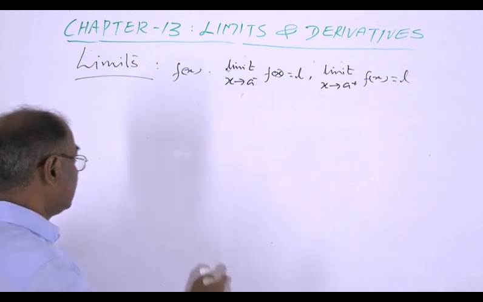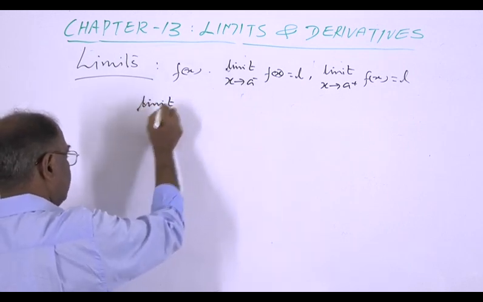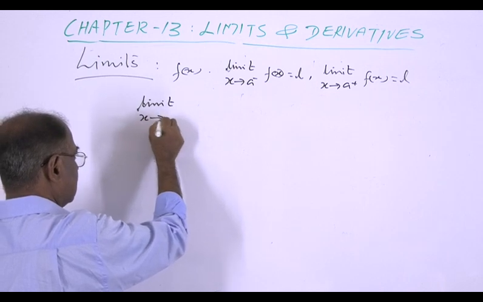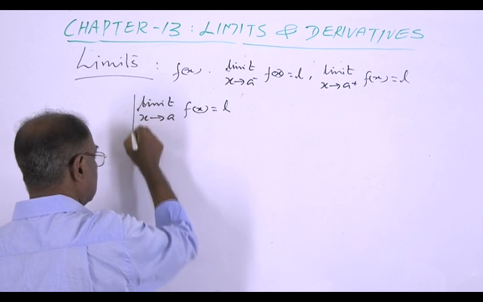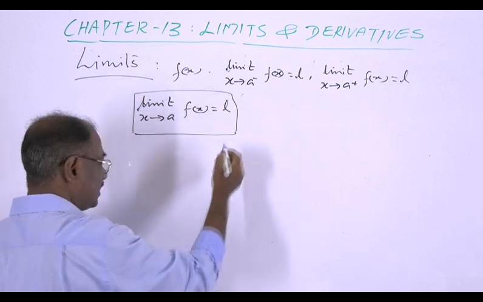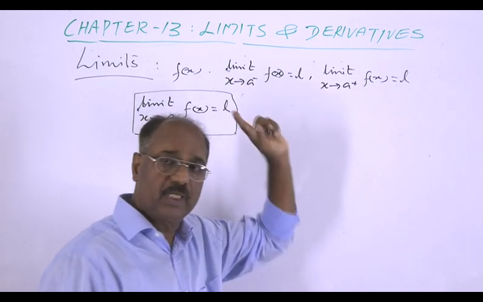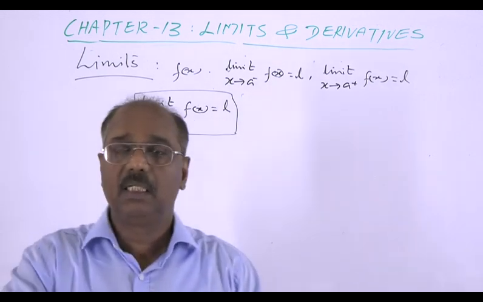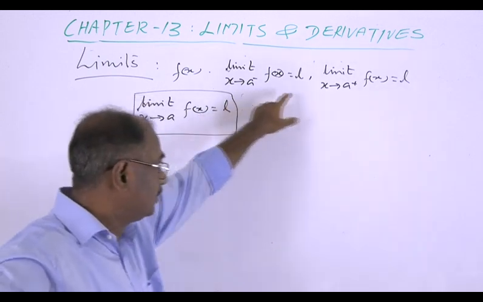In this situation the common limit as x tends to a of f(x) is equal to L. So this is the limit of the function, which is the common value. If these two coincide, then the limit of the function is this. And symbolically we denote all this in this form.